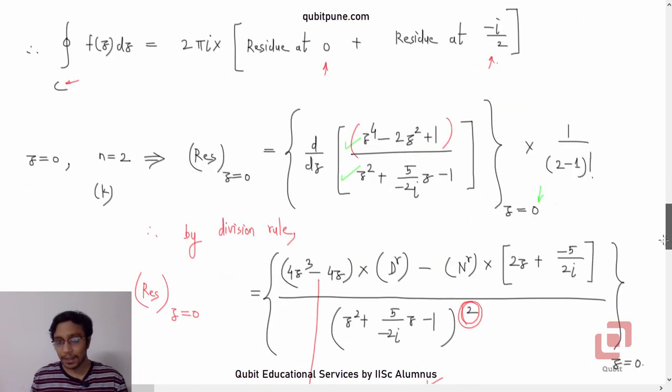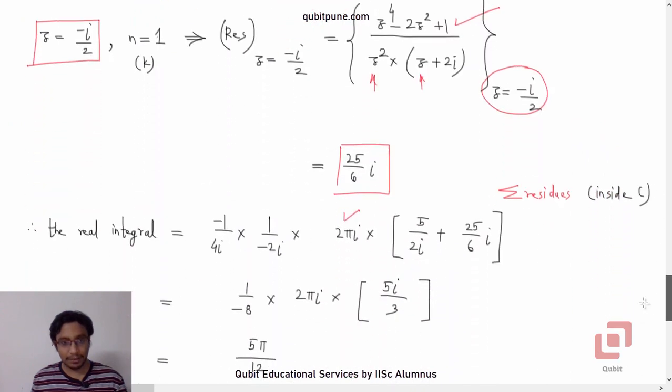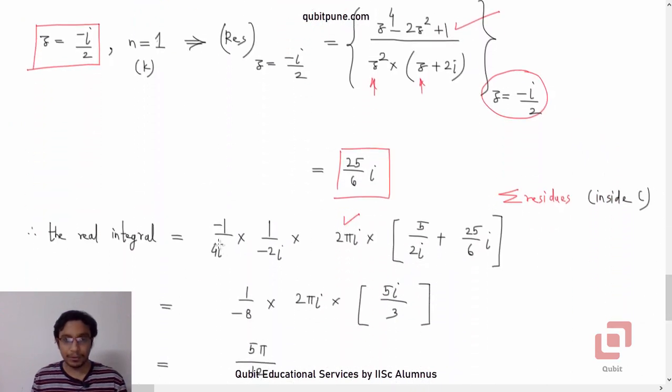I have taken them at the very end, minus 1 upon 4i which is already there and 1 upon minus 2i, into 2 pi i times the sum of the residues.